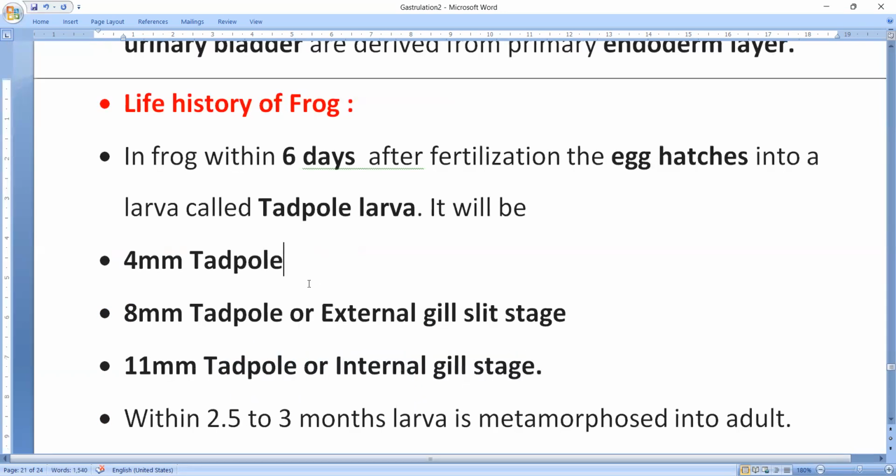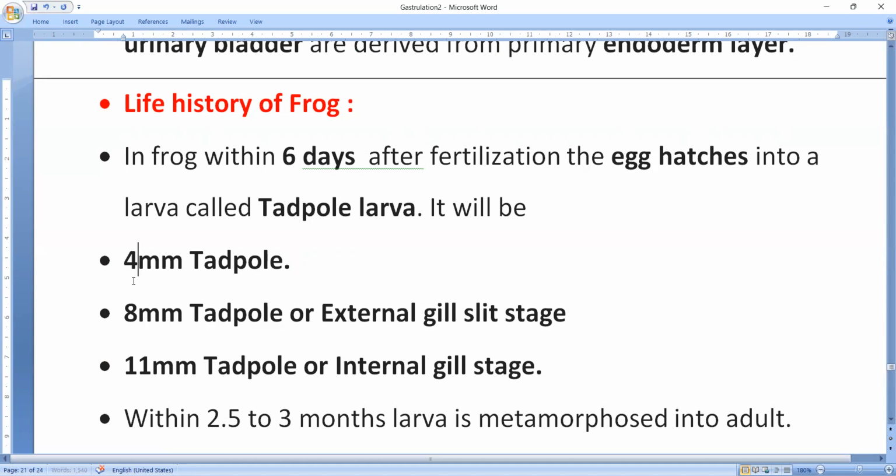There are different stages of tadpole larva. One is the 4 mm tadpole larva. The frog is carnivorous, whereas the tadpole larva is herbivorous, and it voraciously eats grass and herbivorous material.